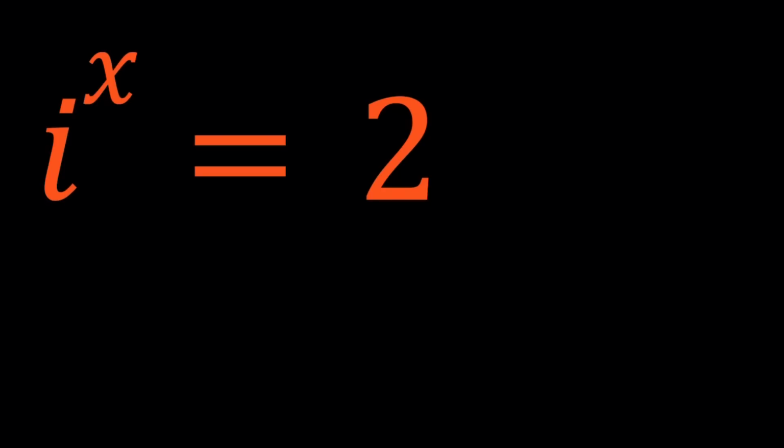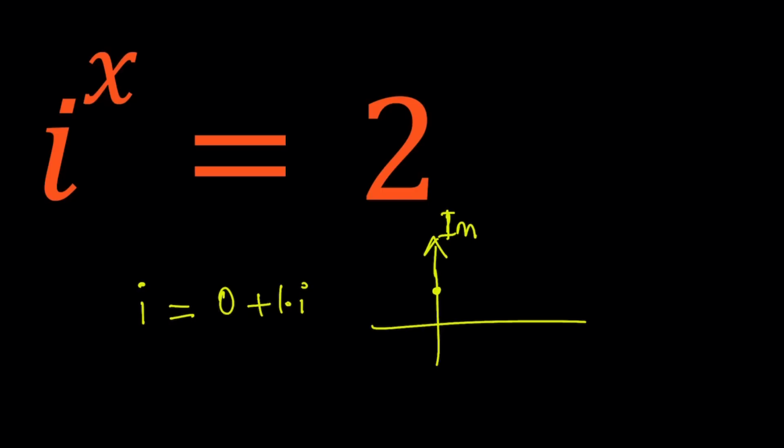All right, great. So let's start by writing i, which is the base, in polar form. To be able to write i in polar form, I'd like to write it in standard form first. So i can be written as 0 plus 1i, which means that (0, 1) represents i on the complex plane, where the imaginary axis is this one and the real axis is this one.